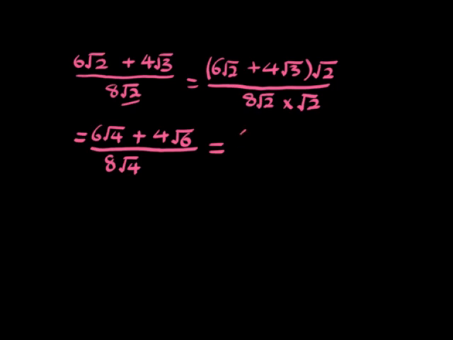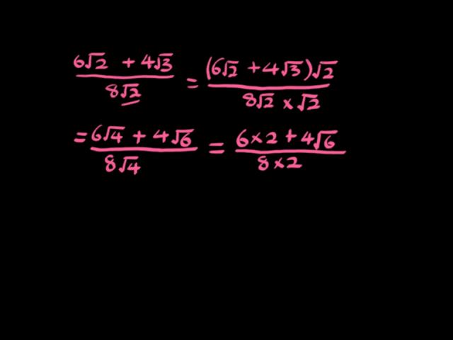So in doing this now, the root of 4 gives us 2, so we have 6 times 2 plus 4 root 6. Root 6 we write the exact same way it is, because it's not a perfect square. At the denominator now we have 8 times the root of 4, which gives us 2, so 8 times 2.